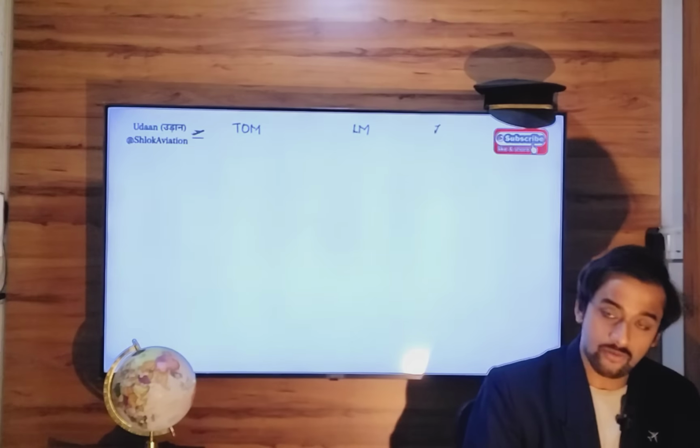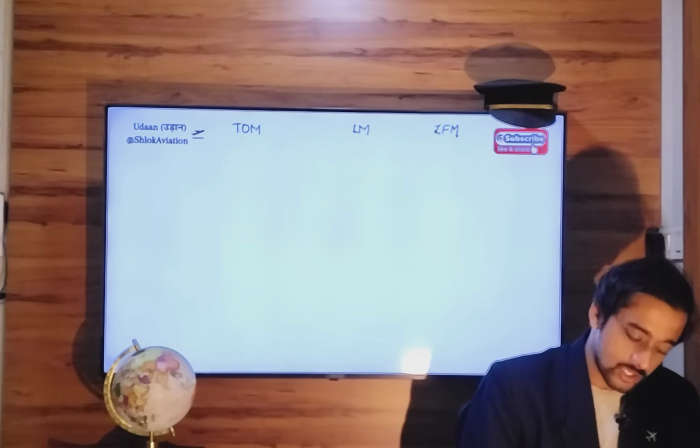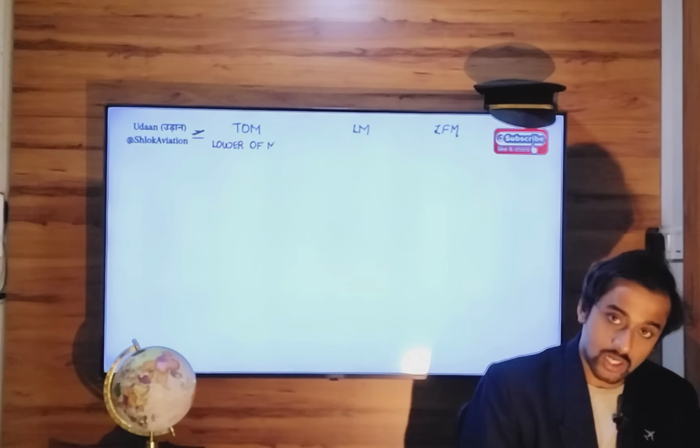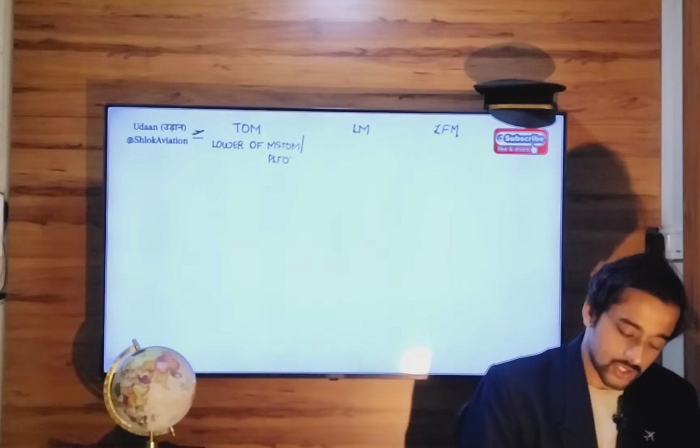So let's start. First, we will start with making three columns, one for takeoff, the second for landing, and the third for zero fuel mass. In the takeoff mass column, we will write the value which is lower of maximum structural takeoff mass and performance limited takeoff mass, right?